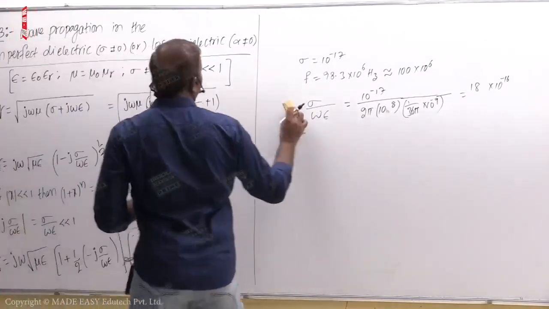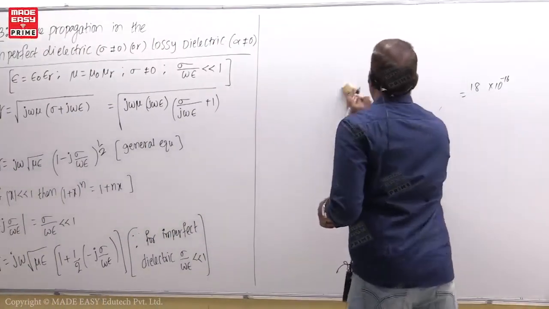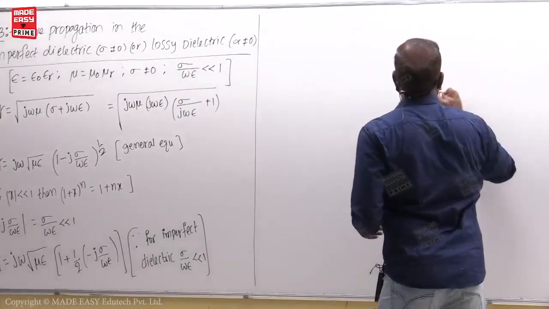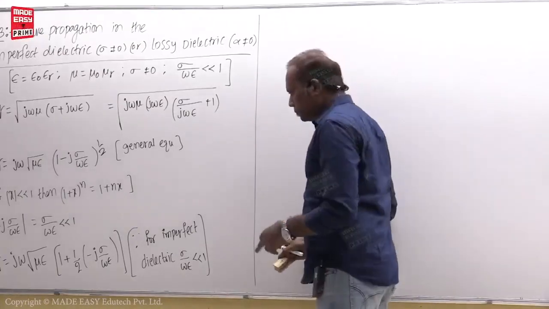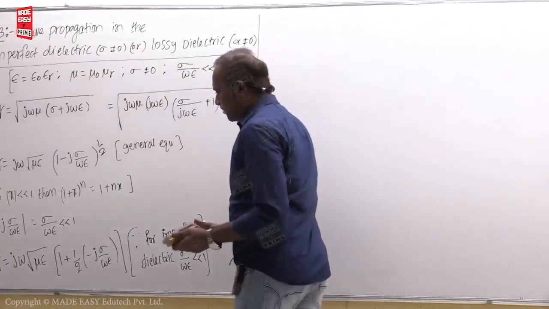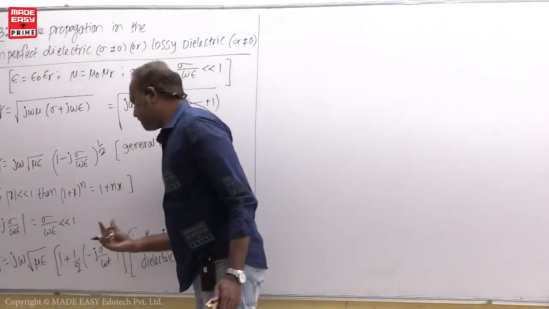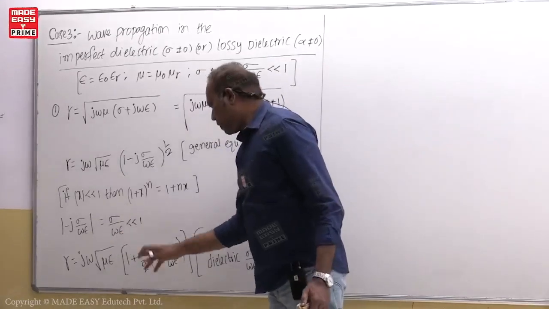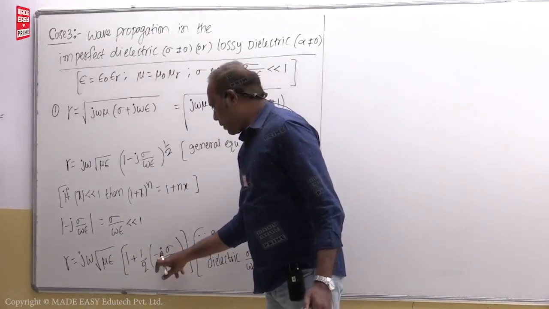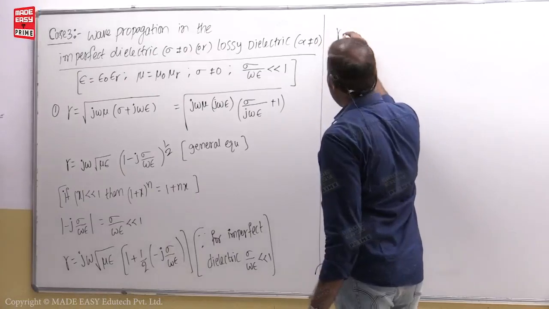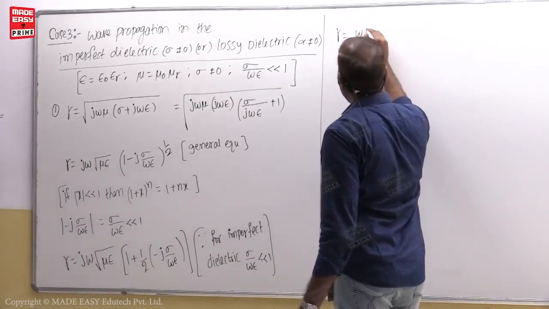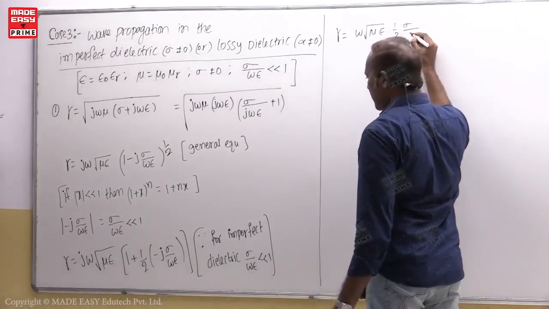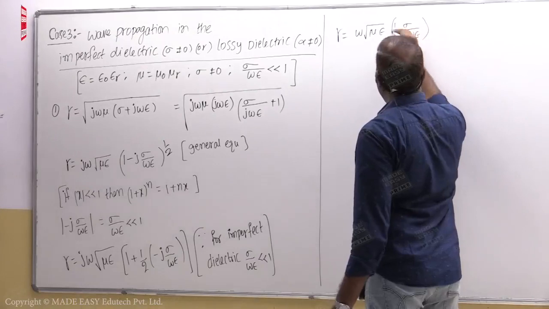Now you multiply this one with this. Here j into j square is minus 1, minus into minus plus. So ultimately gamma is equal to omega root mu epsilon and half into sigma by omega epsilon.